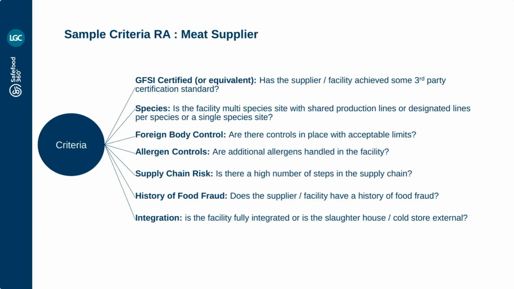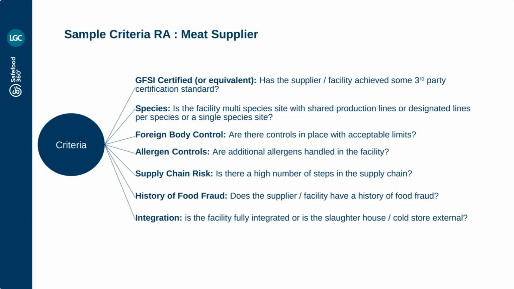Are they using several different species within that one facility? Do they share the production lines, or do they have specific designated lines for those species? Is there an opportunity for cross-contamination there, or cross-product intermingling of the products? Or do they have specific species sites dedicated?